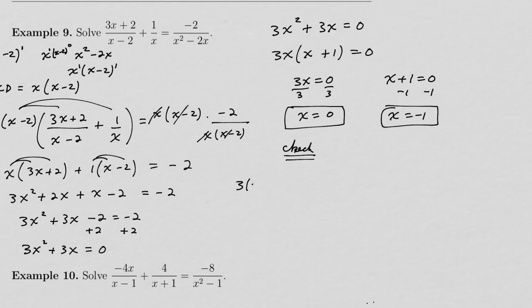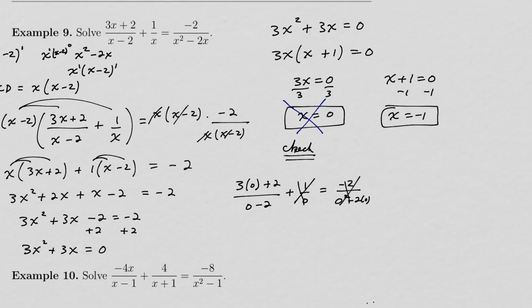So I have 3 times 0 plus 2 over 0 minus 2 plus 1 over 0. See, we already have a problem here. And then negative 2 over 0 squared minus 2 times 0. Actually, we have two problems. See how I'm dividing by 0 here and here? I can't do that, right? So therefore, this actually was not a solution. x equals 0 is not a solution. I have to eliminate it.